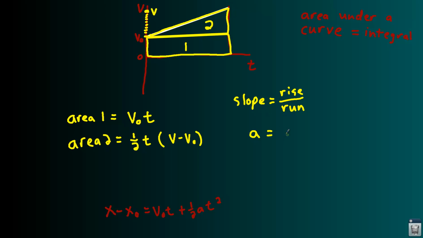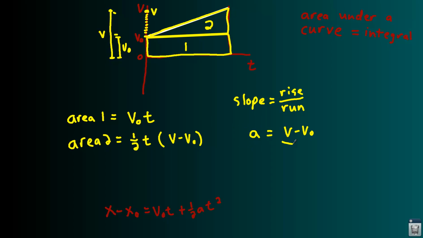We just said it was v minus v naught. Maybe I'll explain this a little better. From here to here, this whole distance is v, and from here to here, this distance is v naught. So to get just this distance, you have to subtract away the smaller piece, right? Okay, so I think I explained that well.